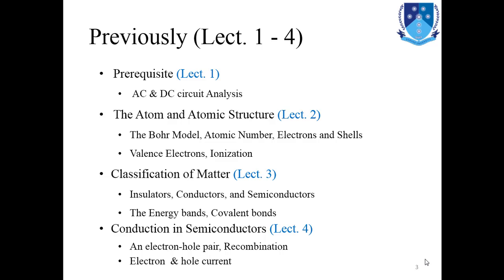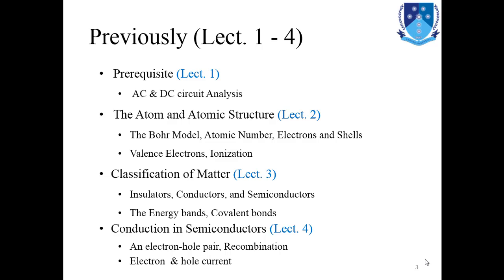Then in lecture number 3, we started by discussing the classification of matter based on conductivity, and we found that there are 3 types of matter: insulators, conductors, and semiconductors.